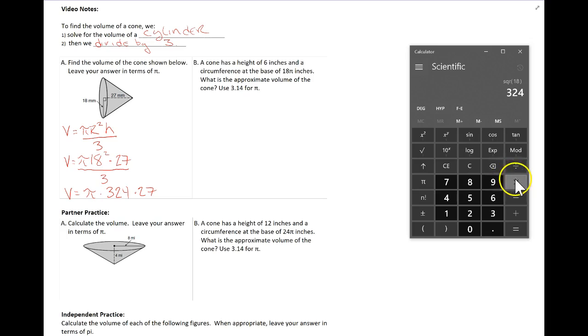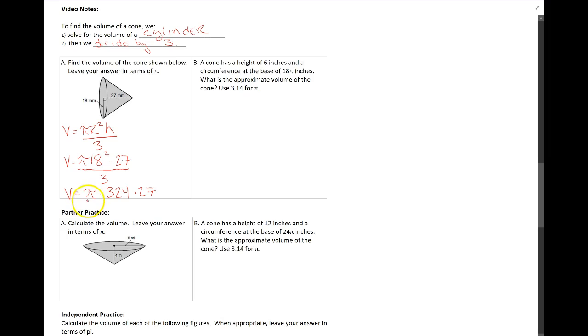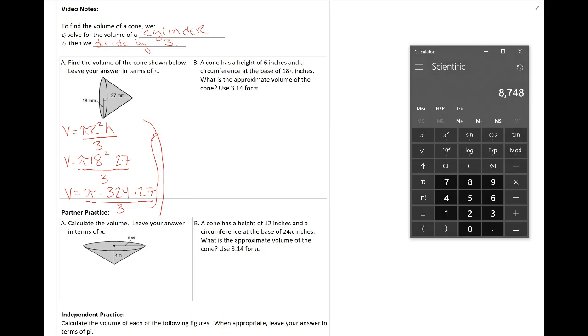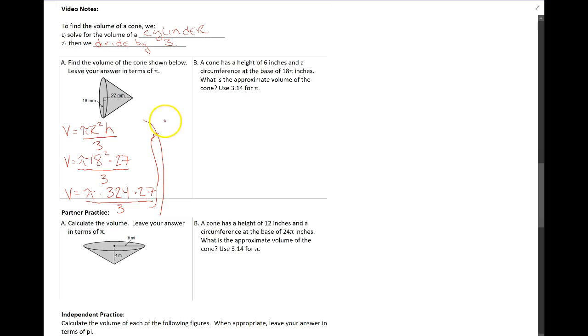Let me do the rest of this multiplication. Times 27 gives me 8,748. But I hope you noticed I forgot something key here. I need this divided by 3. So I have 8,748 pi divided by 3.